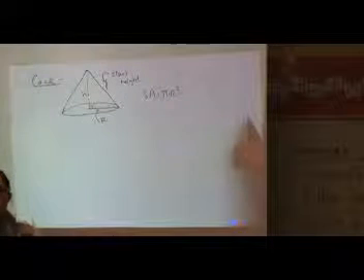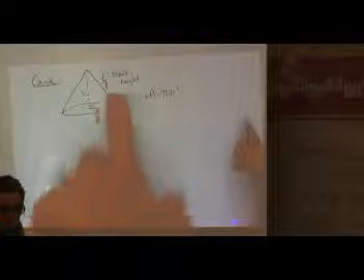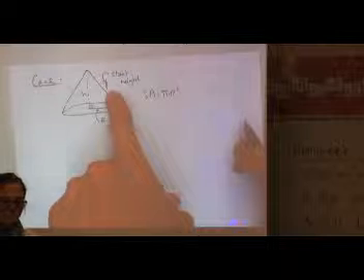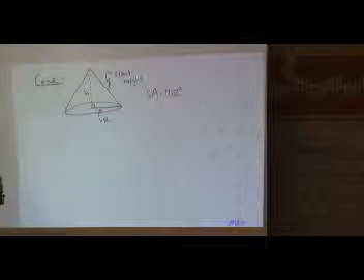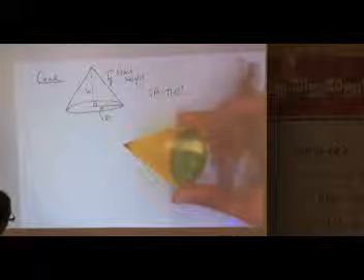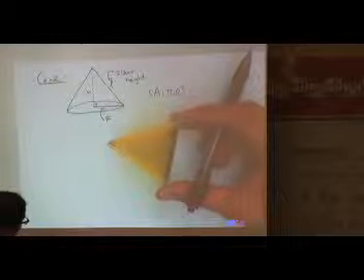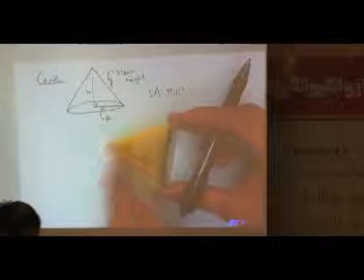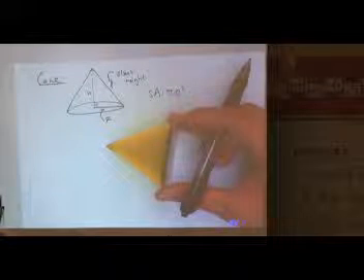Now, there's a bunch of different ways to find the surface area of a cone. We're going to be using the slant height. Please notice the difference between the height and the slant height. If I'm looking at this cone, the height would be this straight up distance. This distance right here that you would see through the center would be the height.